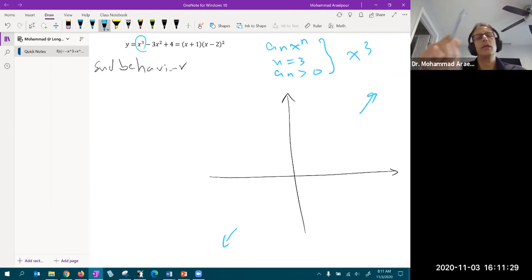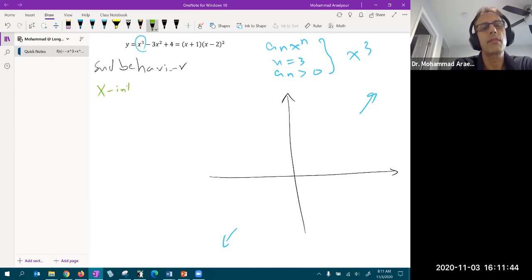Okay, the next thing is we are going to look at intercepts. I hope you see that it's in factored form so we can see the intercepts. So the x-intercepts are at (-1, 0) and (2, 0).